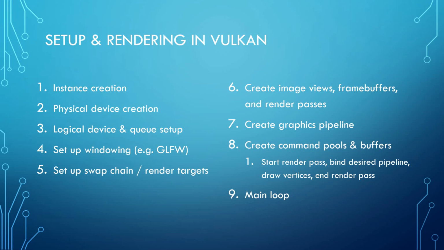A command buffer that we use for the drawing stage will start our render pass, pick the rendering pipeline that we want to use for this pass, actually perform drawing vertices, and end the render pass. All those commands are going to be wrapped up into a single command buffer that's going to be submitted, and then that can be submitted multiple times as we're looping through our program. And then we've got the main loop.